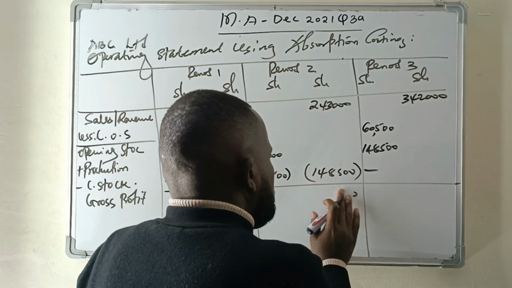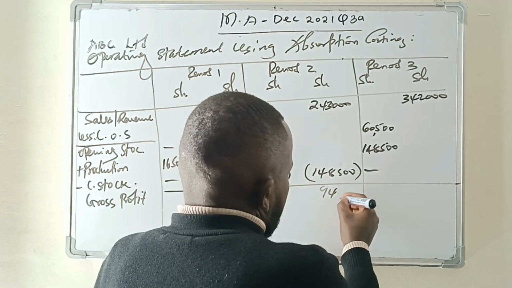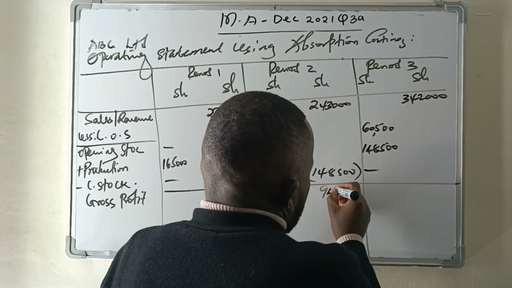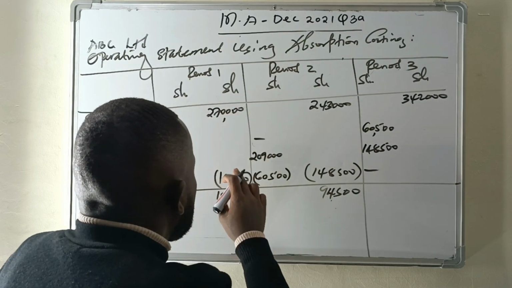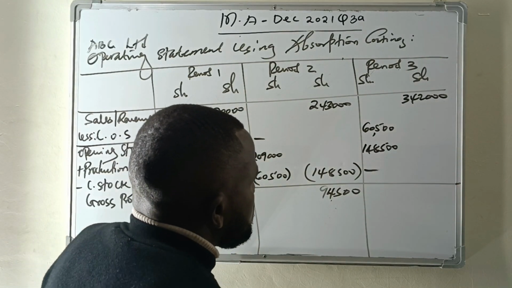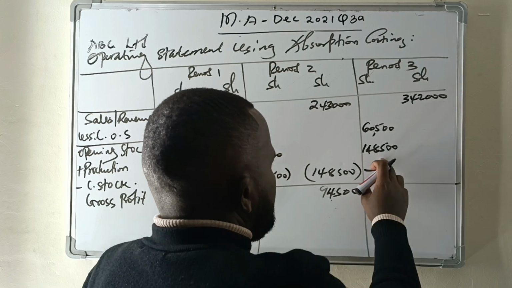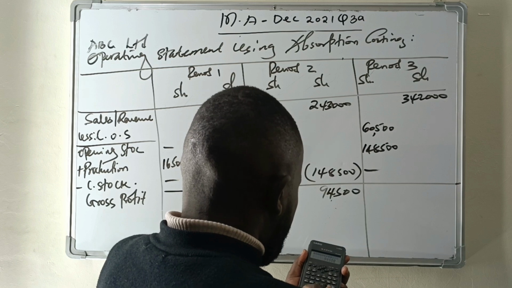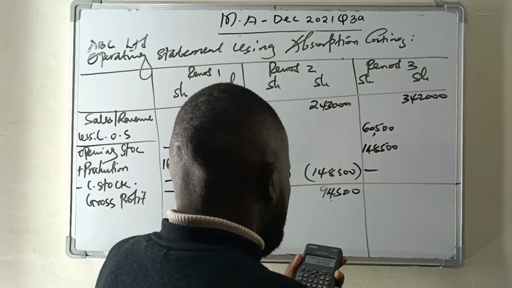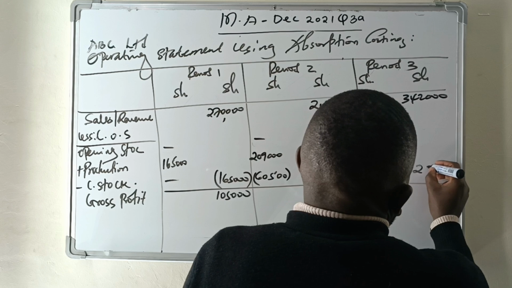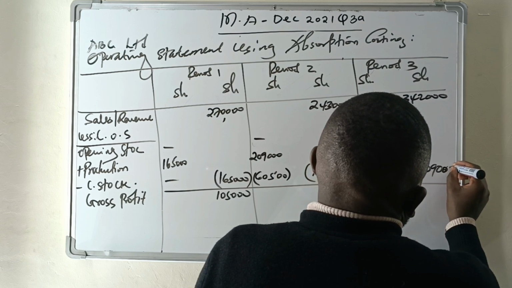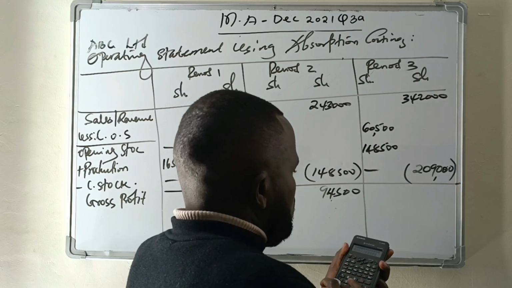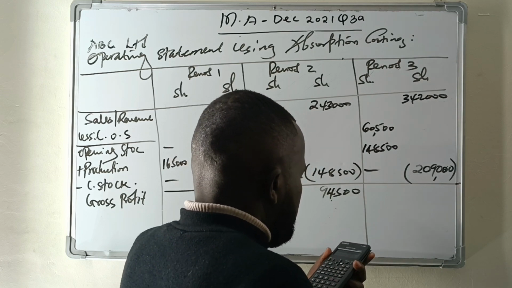Yeah, that should be the correct one. For this one, 6,500 plus 148,500, I'm getting 209,000. So 342,000 less 209,000 gives 133,000.